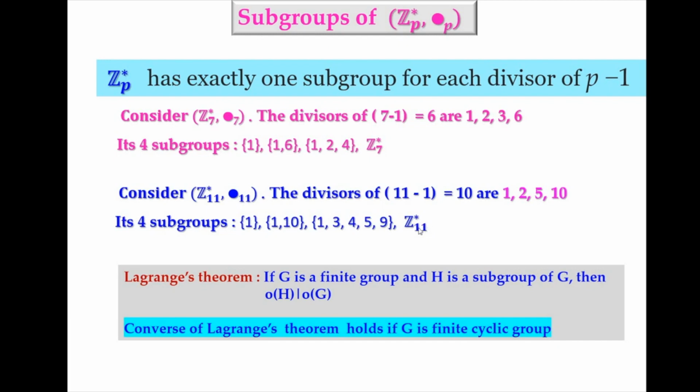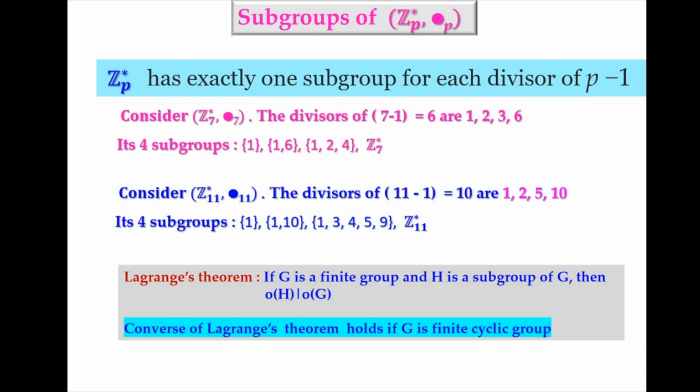Other than the generators, the other elements will generate subgroups, given by these. They will generate a smaller group, so they are definitely contained in the given one. So they are subgroups. That is how we determine the other subgroups.